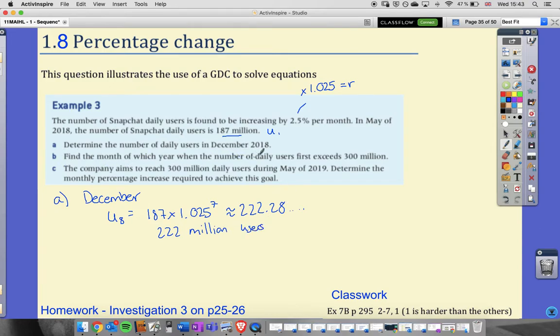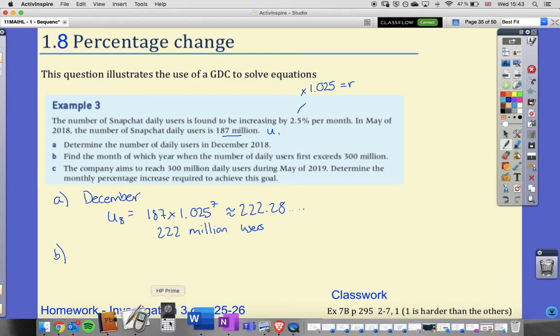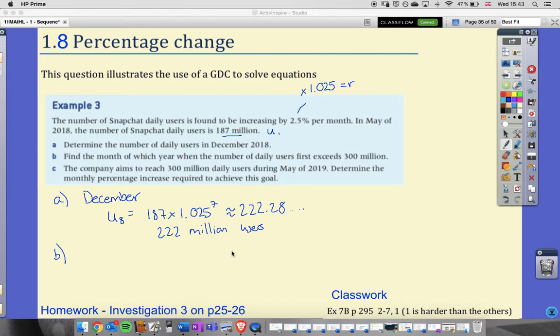Part B, find the month of which year when the number of daily users first exceeds 300 million. So we've got a few options here. We could solve this as a kind of inequality, or we could use the table function, which is probably our easiest option.